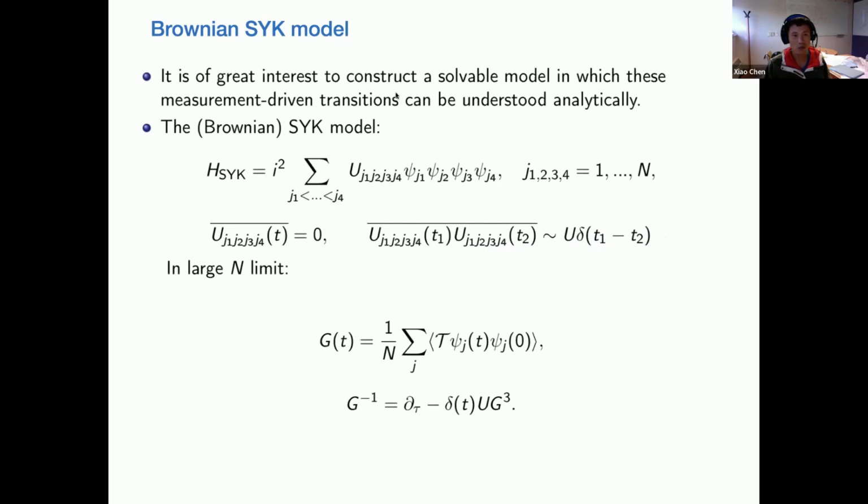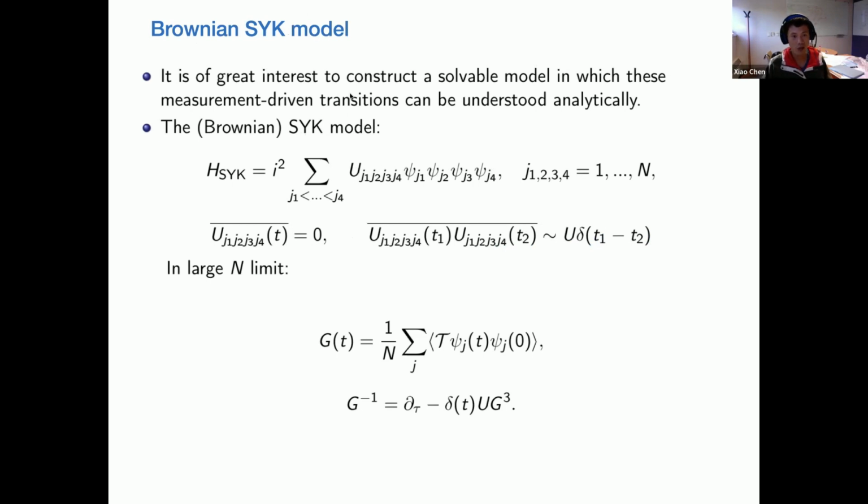We use one type of SYK model called the Brownian SYK model. The SYK model has four-body interaction terms composed of Majorana fermions, and the coefficient u here is a random variable.